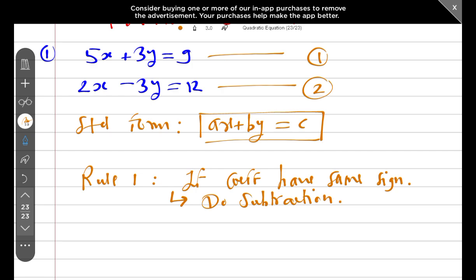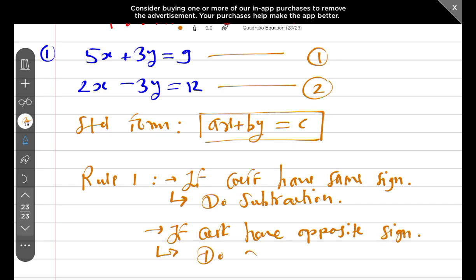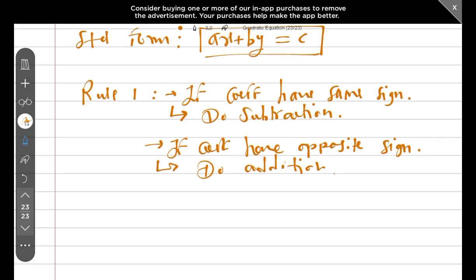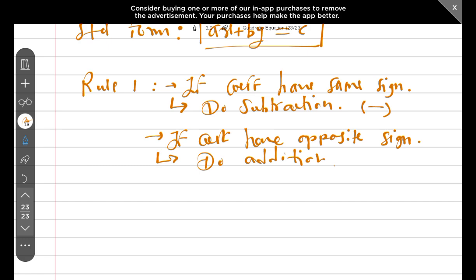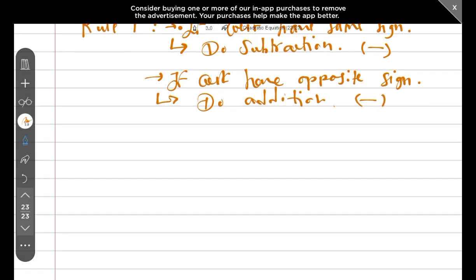Now if coefficients have opposite sign, then what you have to do? Do addition. Simple, that's it. These two rules you have to keep in your mind while solving the simultaneous linear equations, right?